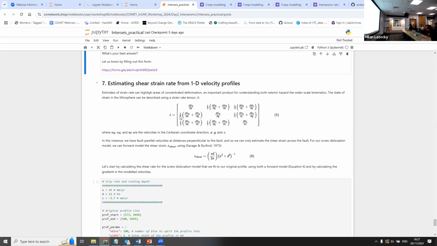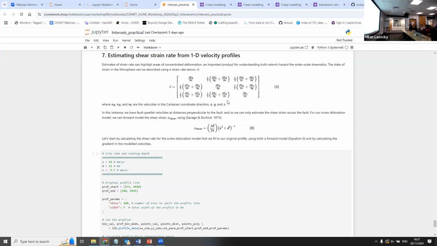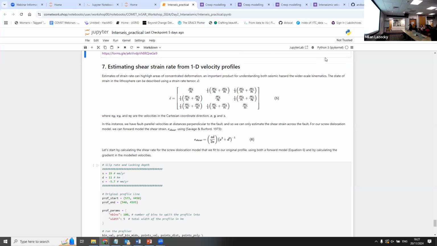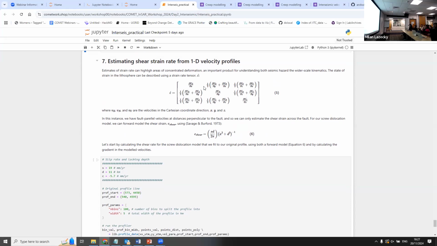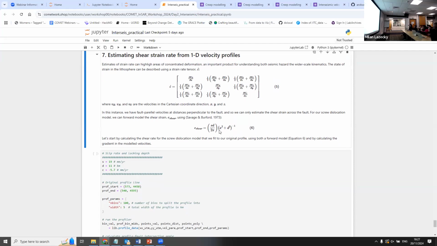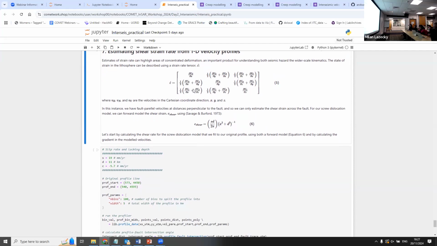So we can calculate the shear strain rate to highlight these areas. We can get the state of strain in the lithosphere using the strain rate tensor, which is calculated using gradients of velocities, just the gradient of different velocities in different directions.